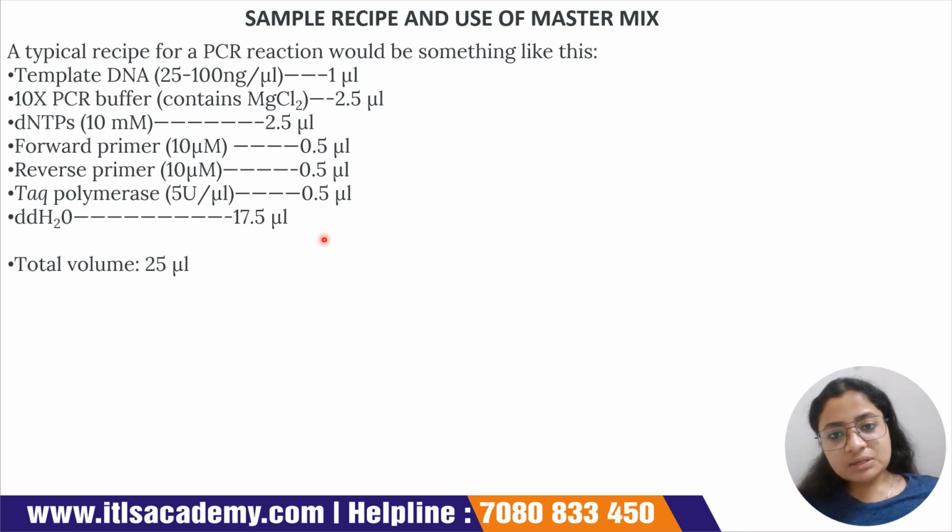Loading means we will just place that master mix inside the PCR machine, the thermocycler. So our time and effort will be less, and our work will get done. That is the utility of the master mix, and that is why it is known as master mix.